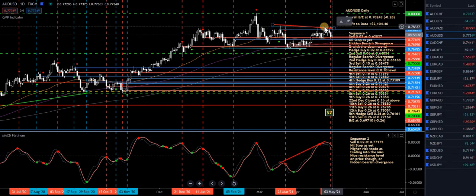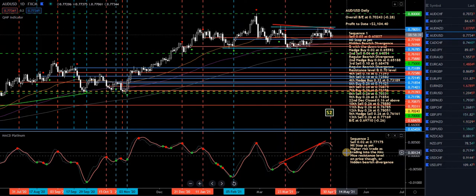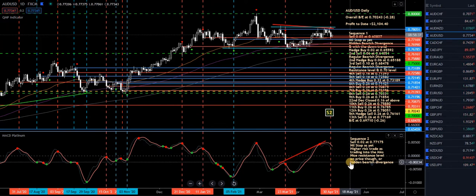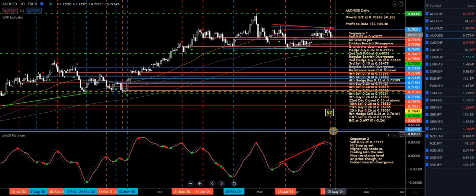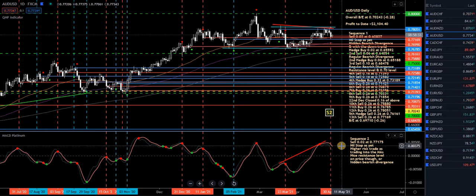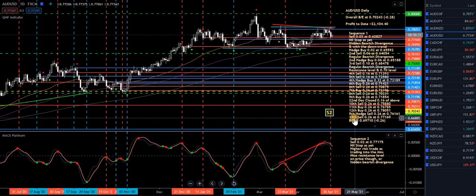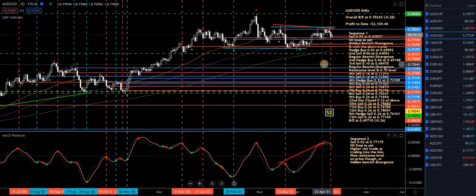Got this little resistance level here, a blue line, and also technically a lower high and a higher high here, so hidden bearish divergence. So it's a bit of a mixed bag, but there's a sequence 2 sell trade there, and I've added to my sequence 1 sell, so I've taken 2 sell trades on this candle.